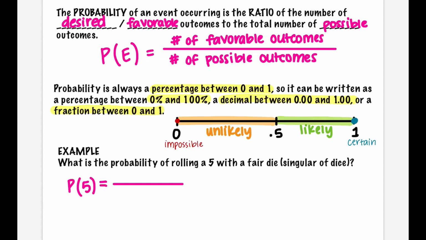Well, my favorable outcome is that I roll a 5. My number of possible outcomes are rolling a 1, 2, 3, 4, 5, or a 6. So there are 6 total possibilities for when I roll a die. But only one of those sides is a 5. So the probability of rolling a 5 with a 6-sided die is 1 out of 6.